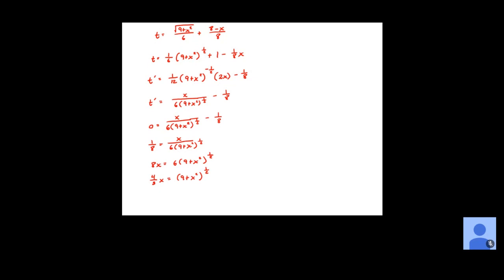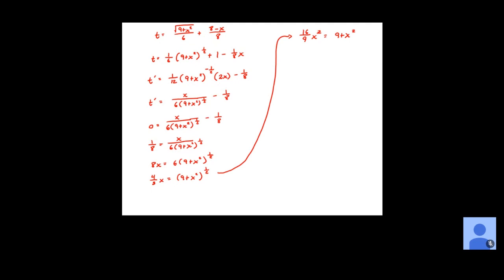Okay, good. Now we can square both sides to get rid of that 1/2 power, right? Because that's the same thing as a square root, so we're going to square both sides. What's 4/3 squared going to give us? Good, 16 over 9, right? So I'm going to bring this up here now. So we get 16 over 9 x squared equals, and then over here now we're just left with 9 plus x squared. That's after we squared both sides.